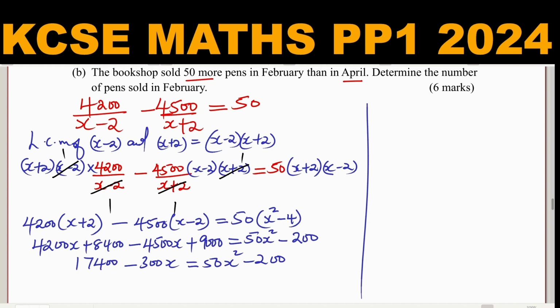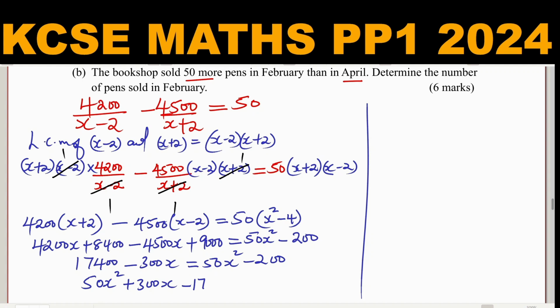Then from there, reorganize this one to form a standard quadratic equation. So this will have 50x squared plus 300x minus 17,000. Let me confirm this one. How is this 17,400?